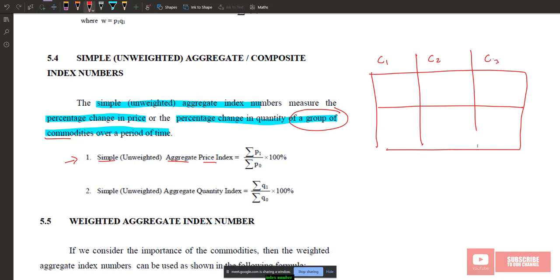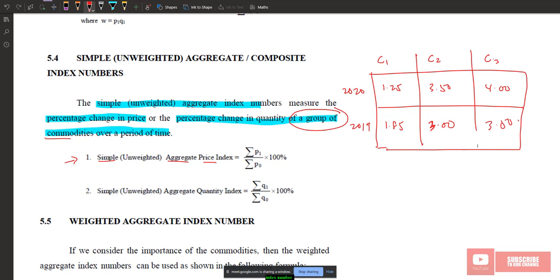So let's say this is the price for year 2020. This is the price for year 2019. So let's say the price for year 2019 is 1.25, this is 1.85, this is 3.50. This is, let's say, 3.00. And let's say this one is 4.00. This is 3.50. Right.